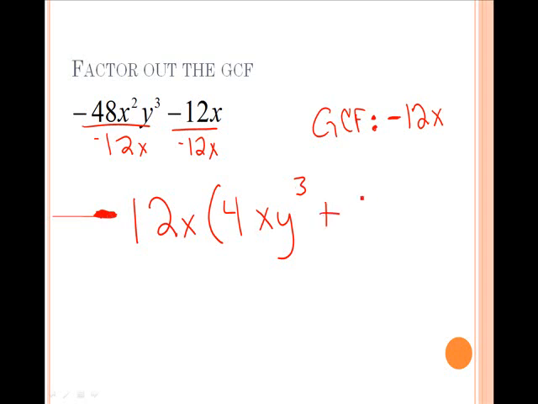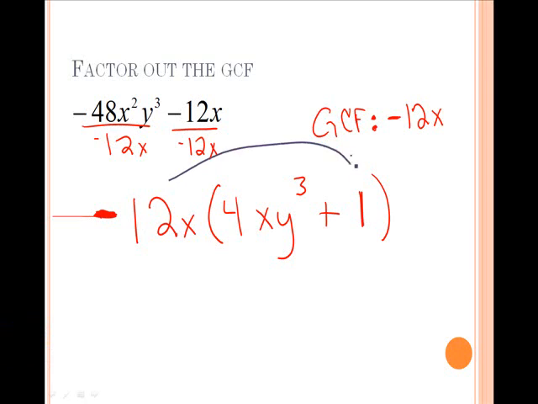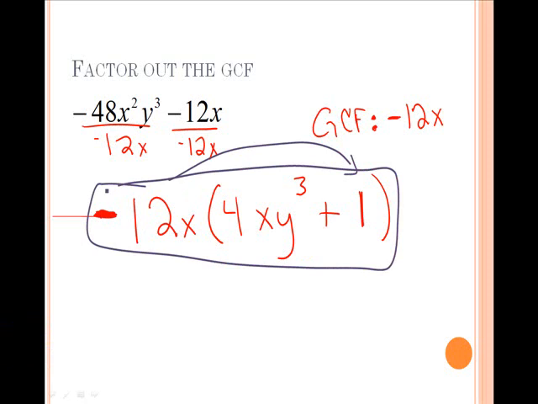We get a 1. But in this case, we're going to get a plus 1 because we have the minus and then a negative. Also remember, when you distribute that negative 12x back in, it will make that minus 12x, or plus a negative 12x. So this is correct. Take our negative sign with us. We like all of this.